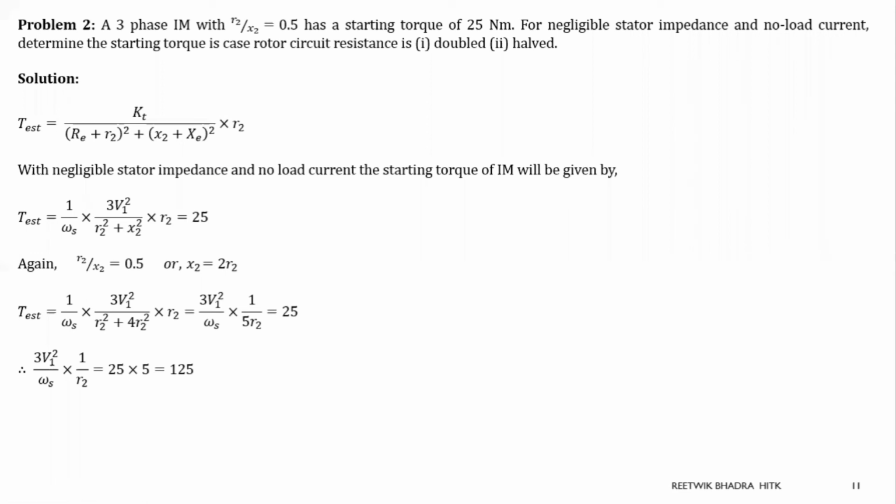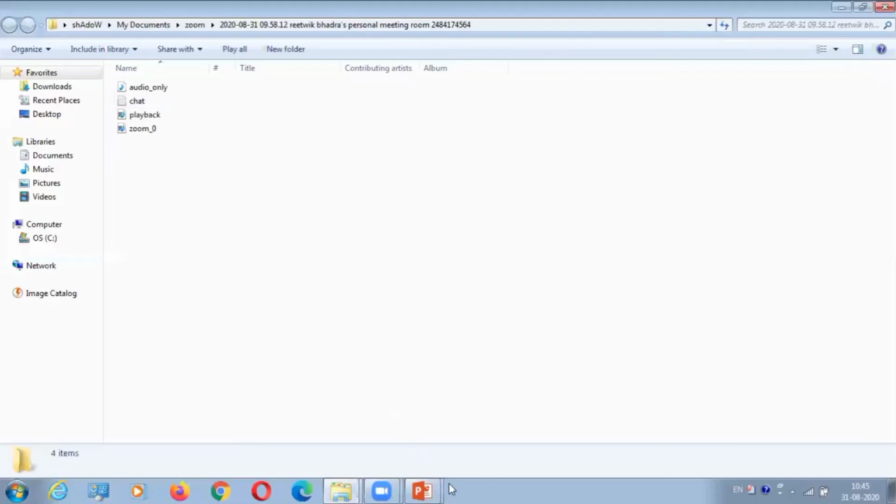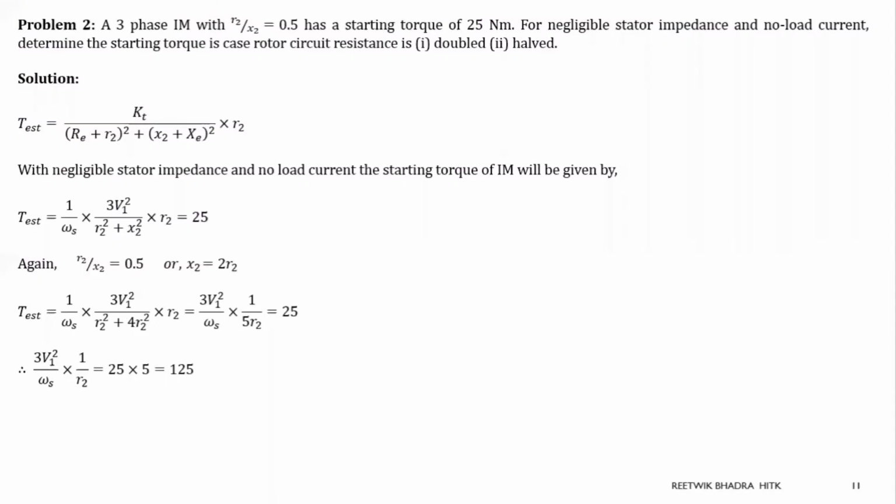No slip value, because at starting S is equal to 1, so all R2 by S are R2 only. Now, for TST, stator impedance is neglected and no load current is also neglected. What is RE dependent upon? R1. So if RE is dependent on R1, stator impedance is also dependent on R1, so it is neglected.